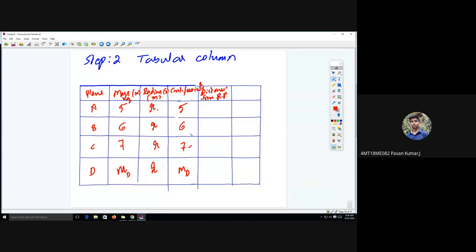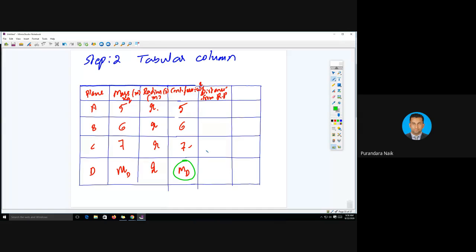MD. D is unknown. Better to take D. Angle is also unknown, mass is also unknown. It's better to take D, not A or B or C. Of course, B angle is unknown, C angle is unknown. You can take B or C or D. But out of these three, D is the better one because of two unknowns.